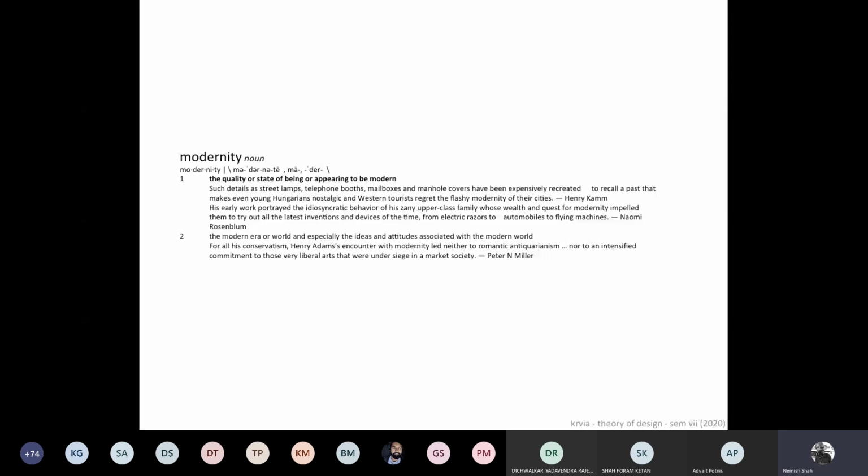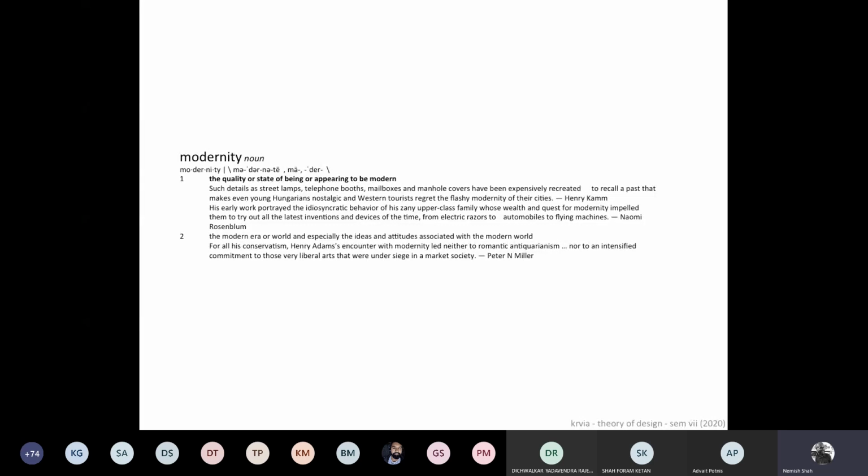The sense of modernity changes, and what it was maybe in the 60s and the 70s is now changing to some extent with the idea of sustainability, with new ideas of inclusion, which were not there before.